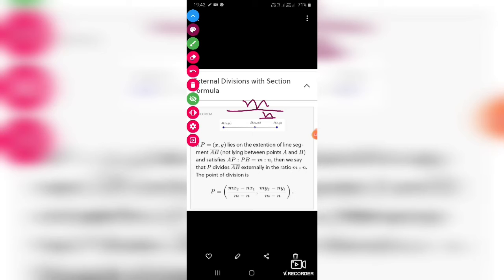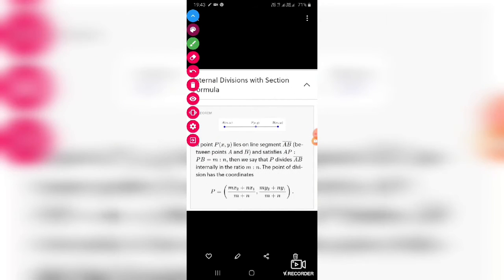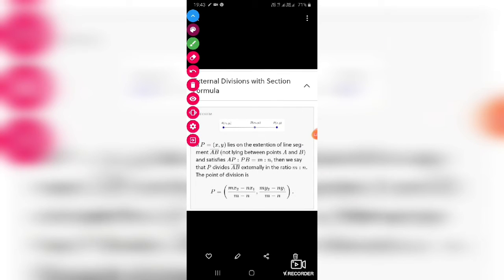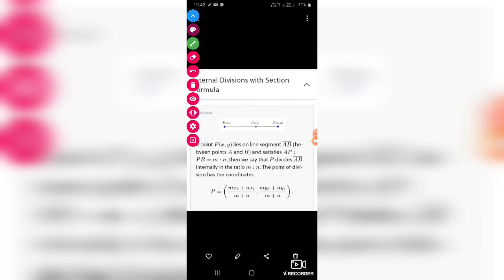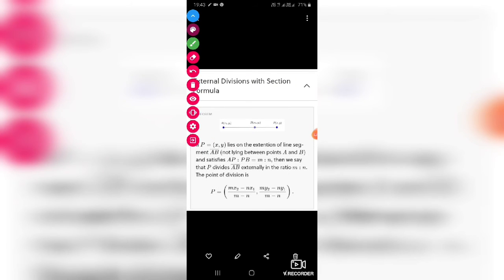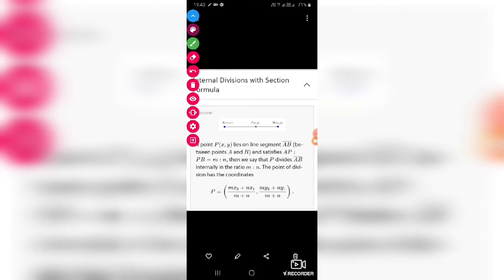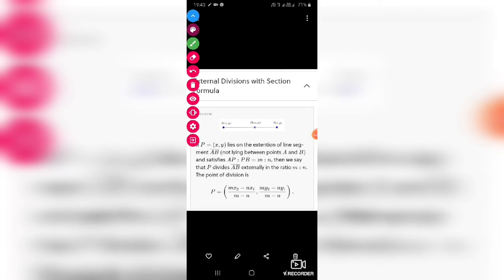See class, it is given AP is M and PB is N. The same formula, the only difference between the last formula and this formula is that here everything is in plus and here everything is in minus. But maximum questions we can do using internal division, so that's not a problem. So the internal division formula is more important than the external division.